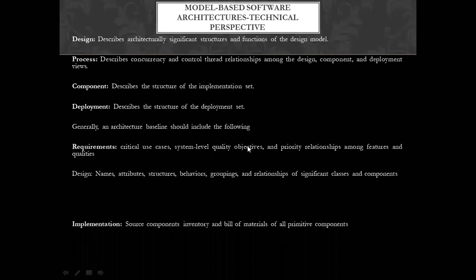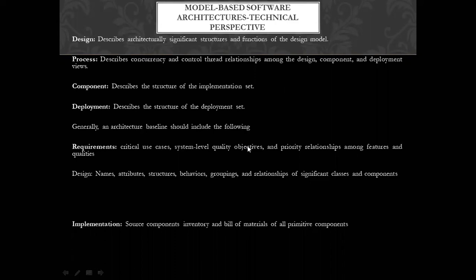Design view covers architecturally significant elements of the design model, and it can be modeled using class and object diagrams that will give you the complete design. Process view addresses runtime issues involved in the execution of the architecture, and it can include the logical software, inter-process communications, and state management, meaning which component is communicating with which other component.